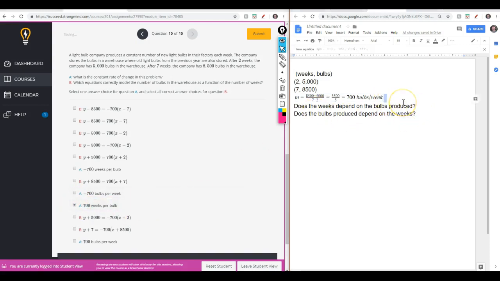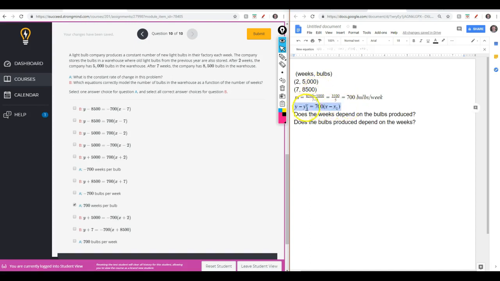So now when we have our point-slope formula, we have 2 points that we can use. And so we're just going to first focus on this point. This will be our x-coordinate and this will be the y-coordinate. We do know that the slope is 700, so wherever we see m, we would put 700.